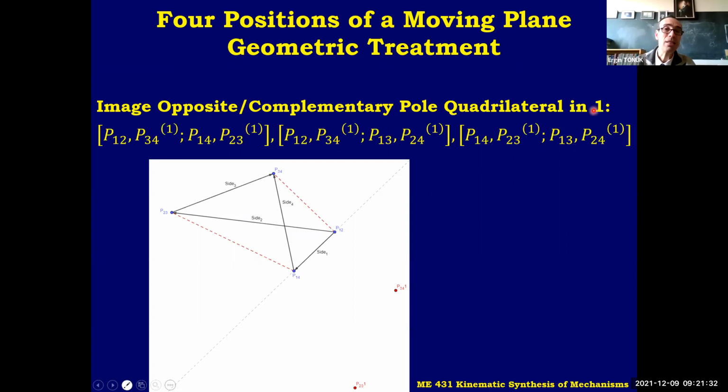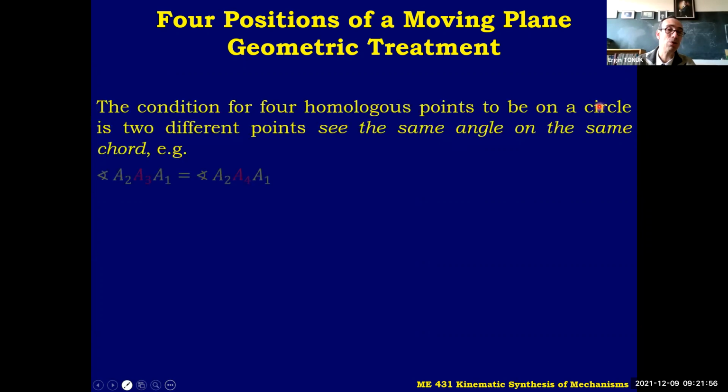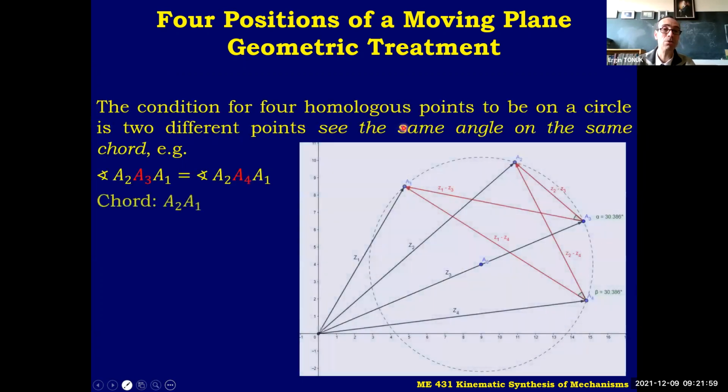So now let's keep the opposite or complementary pole quadrilateral and image opposite or complementary pole quadrilateral in any position in mind, which we will return back later, which will be very useful in Burmester's theory. But let's discuss the condition for 4 points. For our case, they are homologous points on a circle. Now, if we select a chord, for our case, it is the chord A12, okay, which is this.